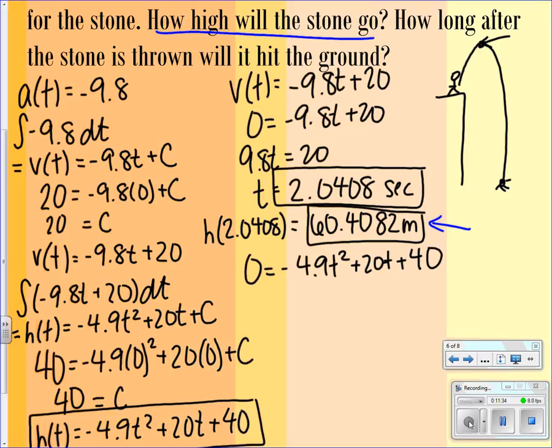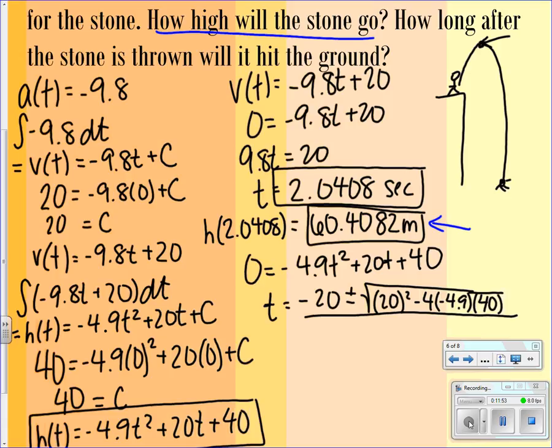Well, we've got a quadratic, so we're going to use the quadratic formula. So t equals negative 20 plus or minus the square root of 20 squared minus 4a, where a is negative 4.9 and c is 40, and then all over 2 times negative 4.9.